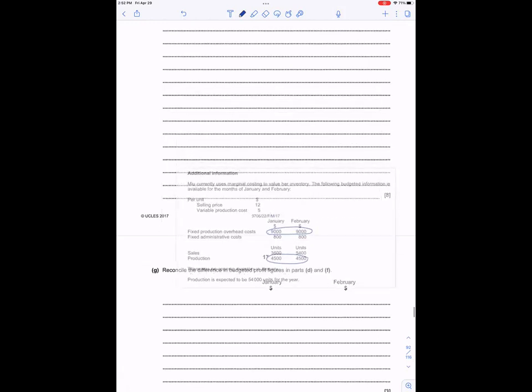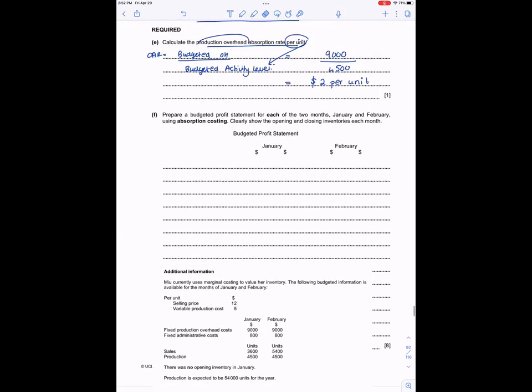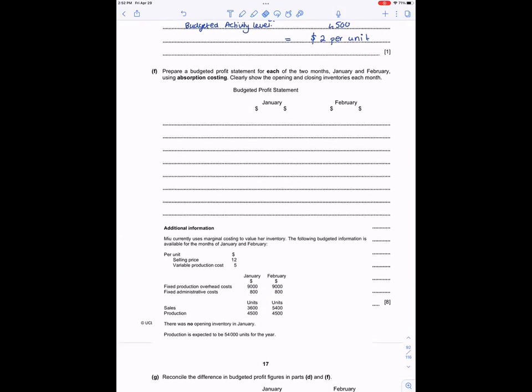Yes. Okay. Now they want us to prepare for the 2 months, January and February, income statement using what? Absorption costing.